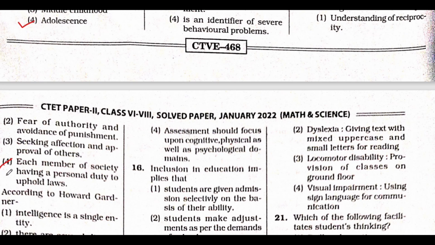So Lawrence Kohlberg expanded on the earlier work of cognitive theorist Jean Piaget to explain the moral development of children. Kohlberg believed what? He believed that moral development, like cognitive development, follows a series of stages. As you know, Jean Piaget gave a series of stages for cognitive development, right?